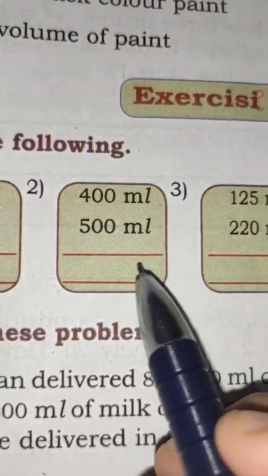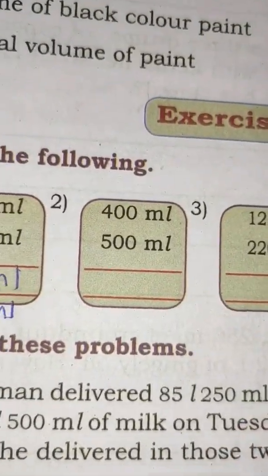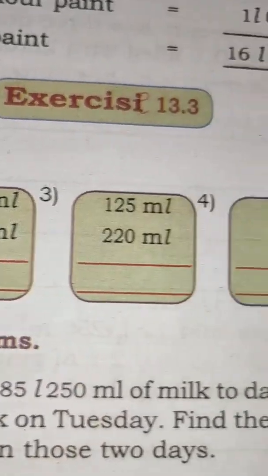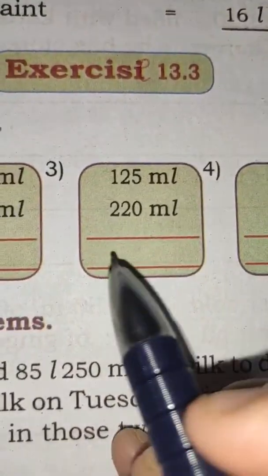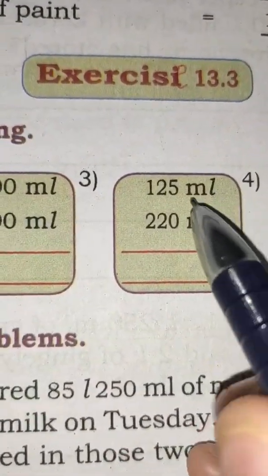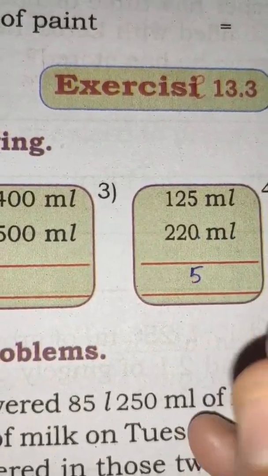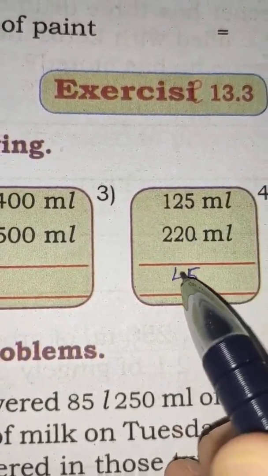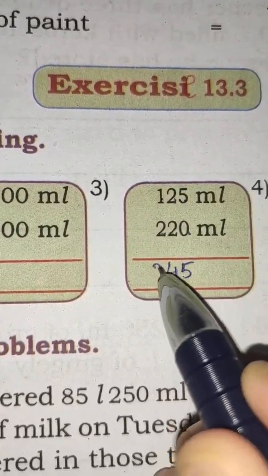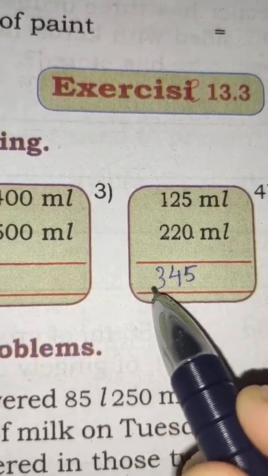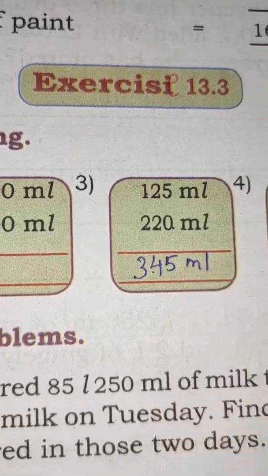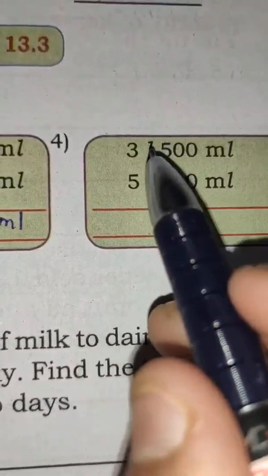Next, you just do the second one. Okay, now come to the third one. Here 5 plus 0 is 5, 2 plus 2 is 4, 1 plus 2 is 3. So 345 ml.